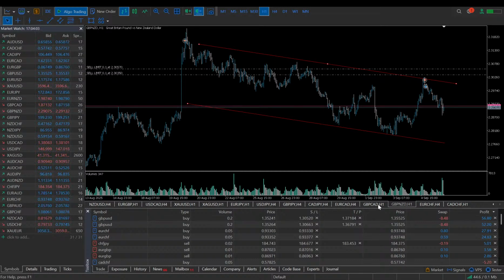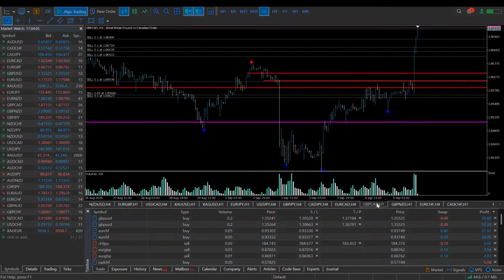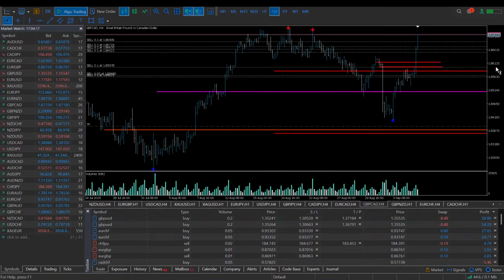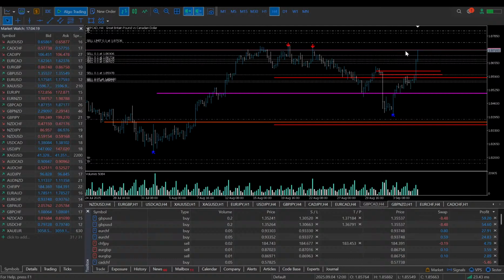Now, GBPCAD is another trade where all my pending orders are triggered, and the previous ones will be triggered as well, just as we have predicted that this is going to happen. So I'm looking forward to that, and what I'm going to do is to activate my stop losses at some point.